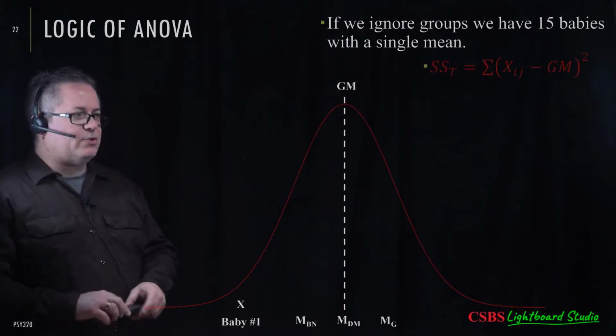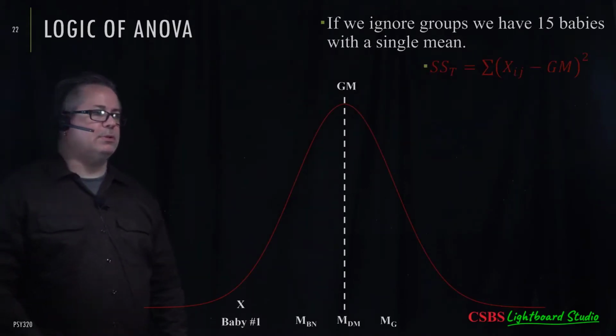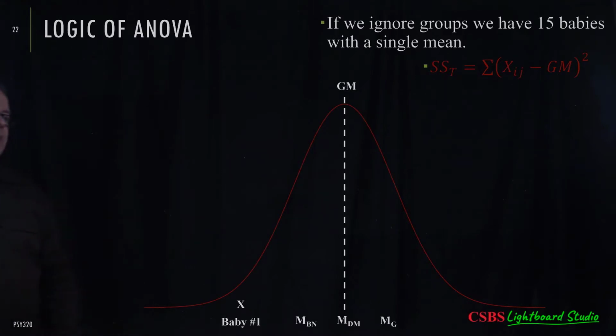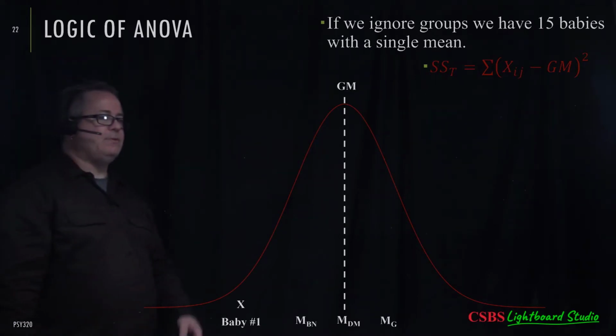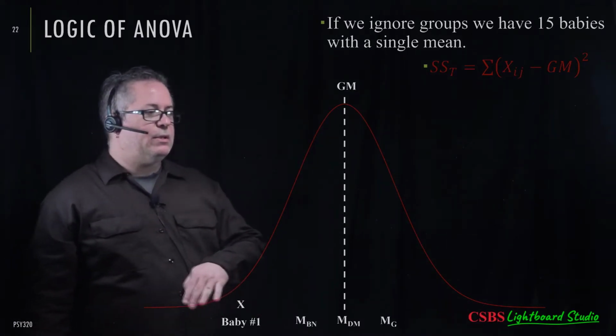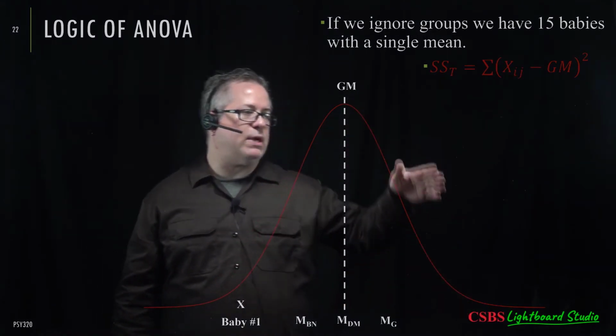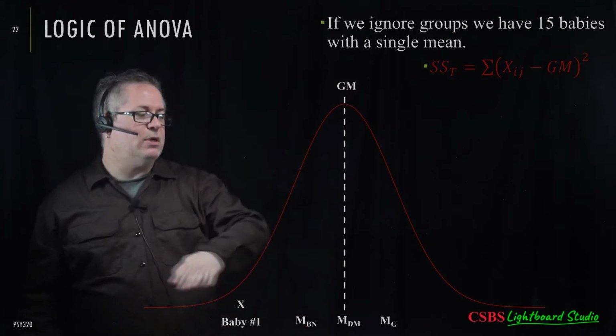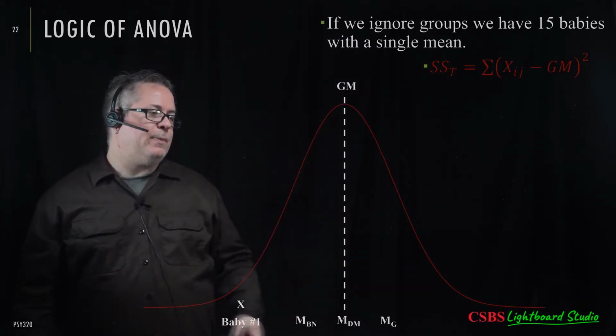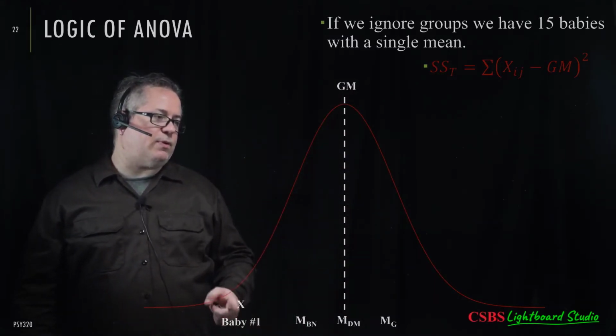If I look at this as just one single big group that has its variability, the mean here is 6.333. This represents the grand, or the total variability between the 15 babies. And here's just our baby number 1 sitting over here.